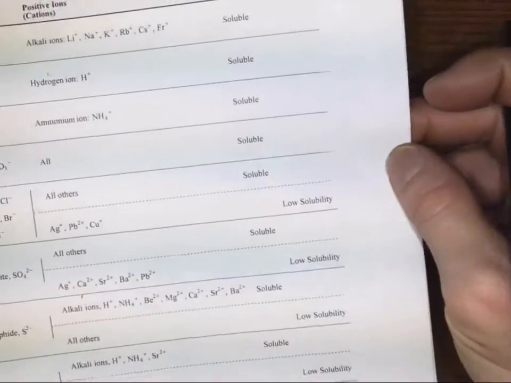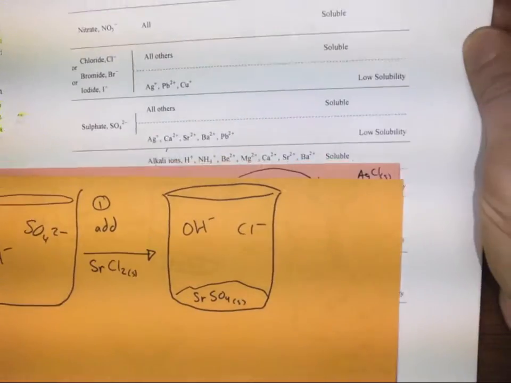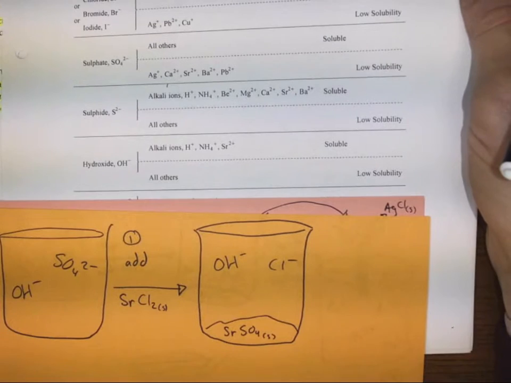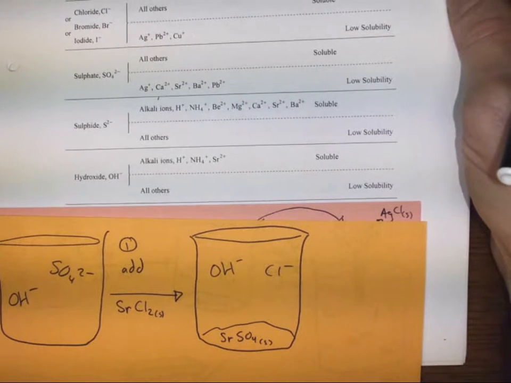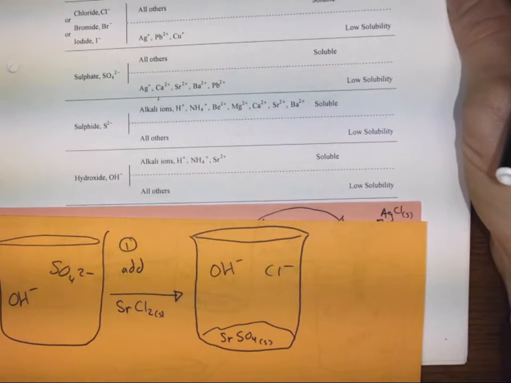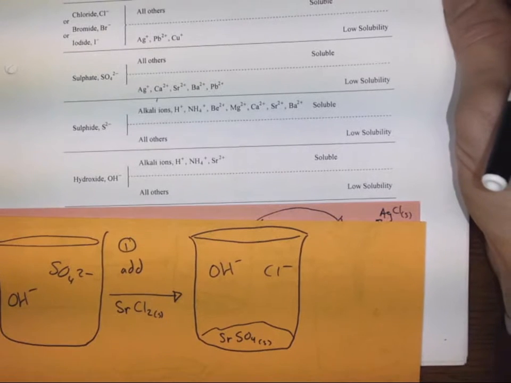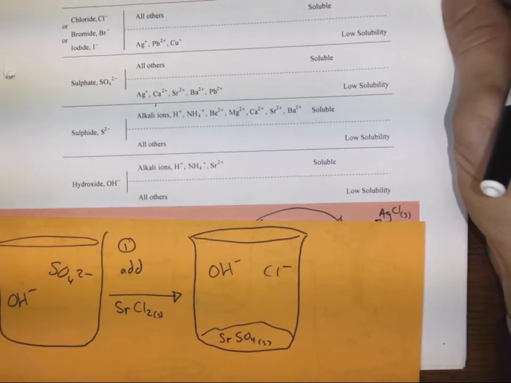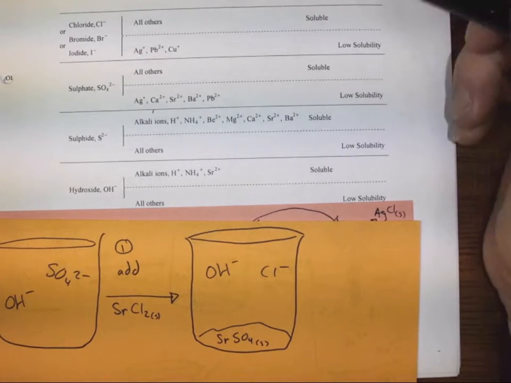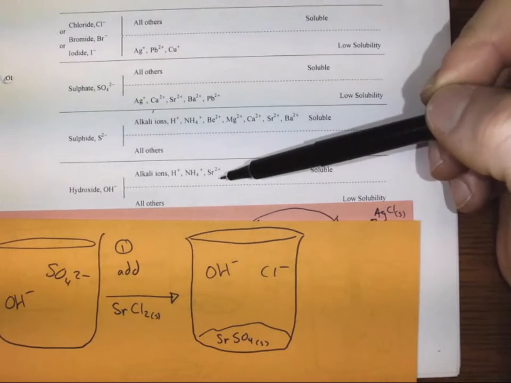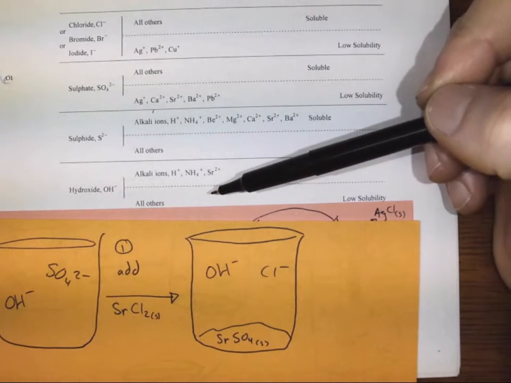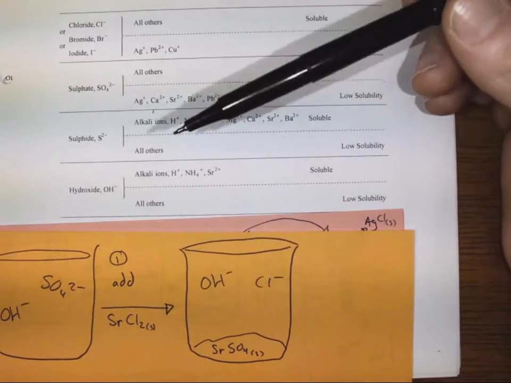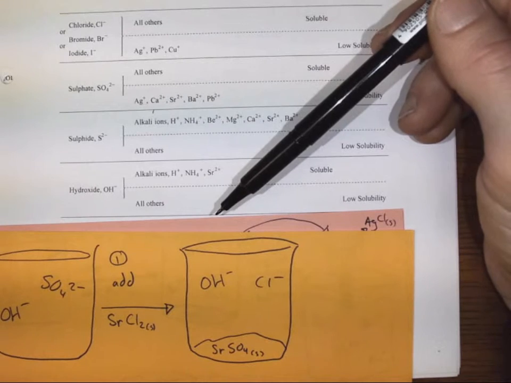Now I need to find something that's going to bind to hydroxide and form a low solubility compound, but not chloride. Let me think about that for a second. Is that going to work?